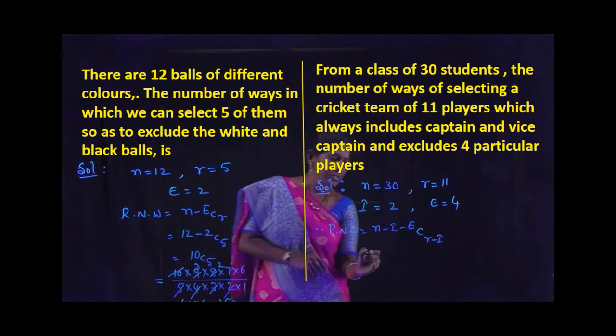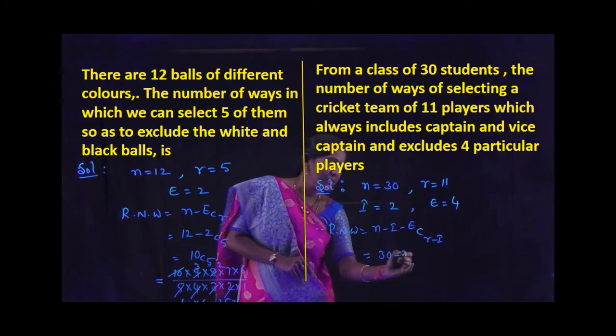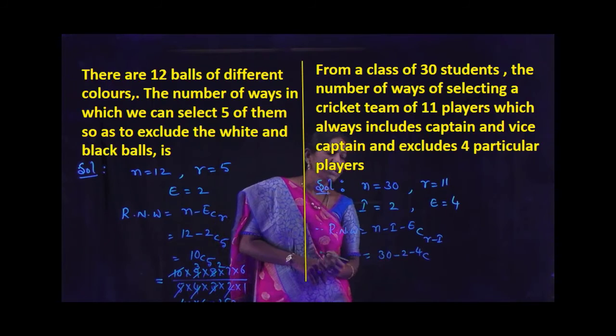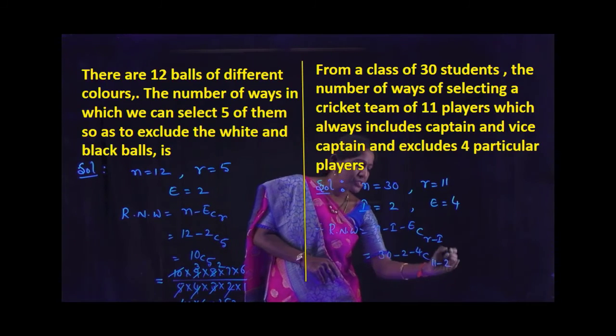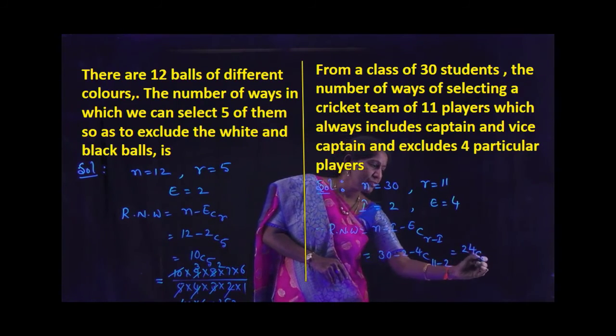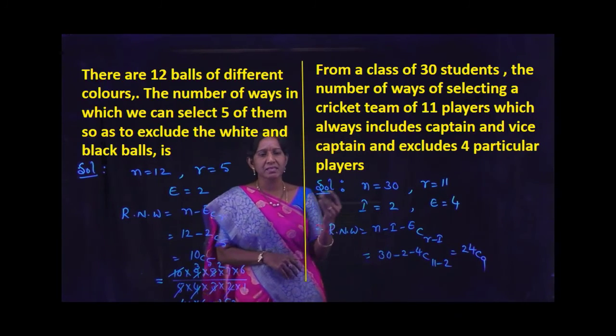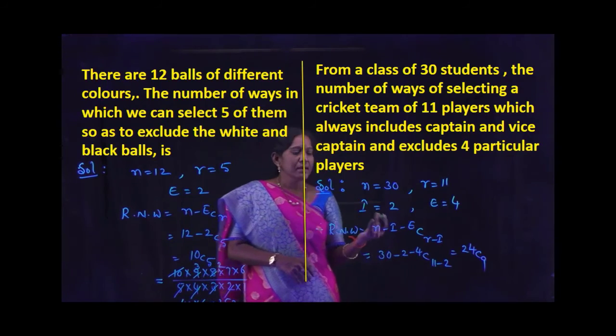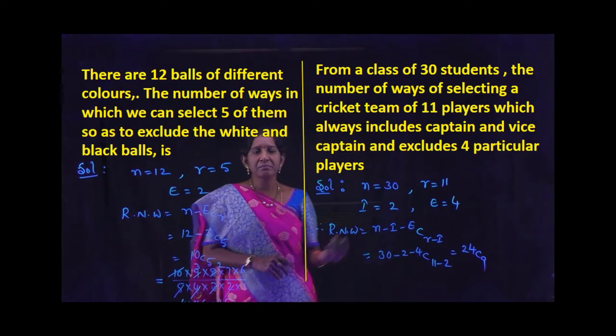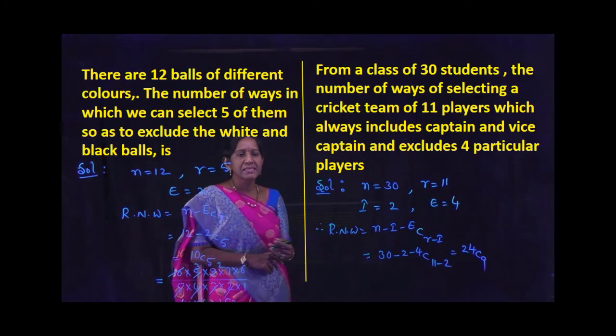Put all the values: 30 minus 2 minus 4 C 11 minus 2. Then this value is 24C9. When including things and excluding things are there, the required number of ways is n minus i minus e C r minus i.